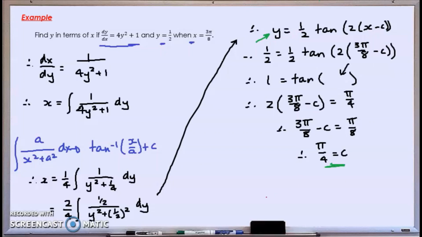And my final answer will be that y equals a half tan outside of 2 times x minus pi over 4. And that's completing this derivative and turning it into an equation.